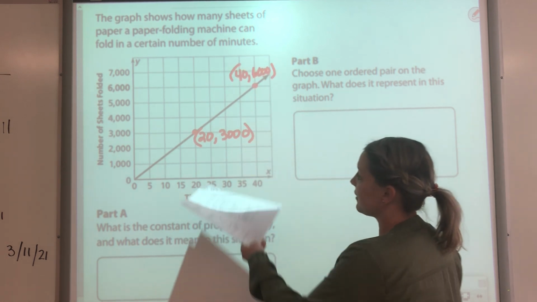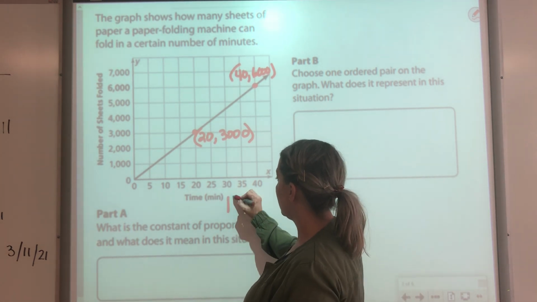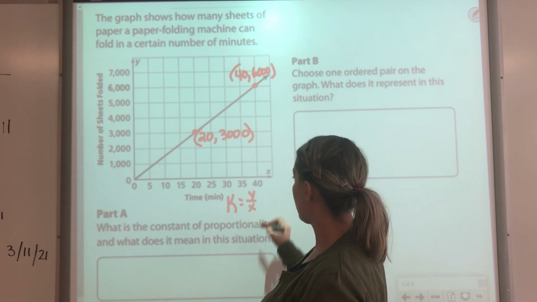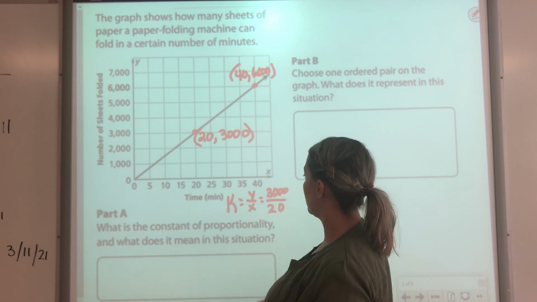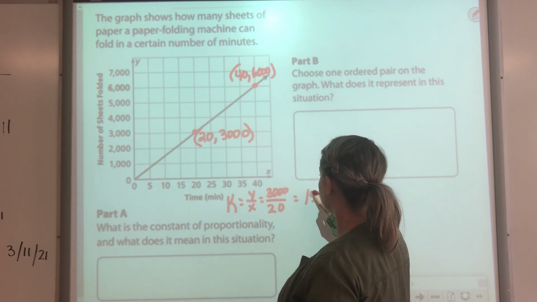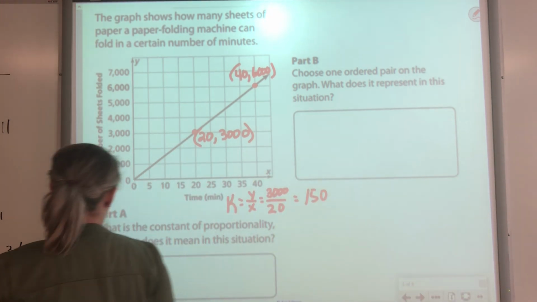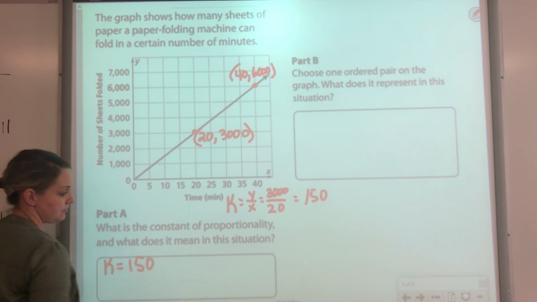So because I have an x and a y, I can calculate the constant of proportionality. K is equal to y over x. So when I do 3,000 over 20, my k value is 150. So my constant of proportionality, k equals 150.